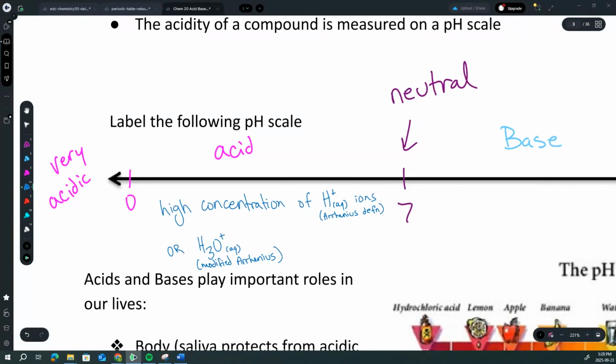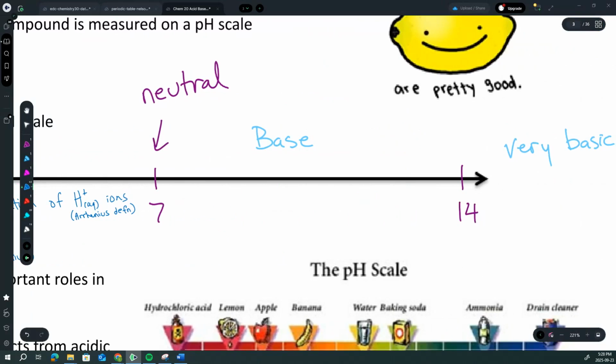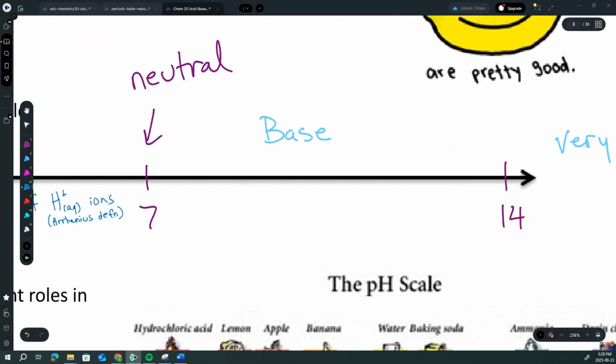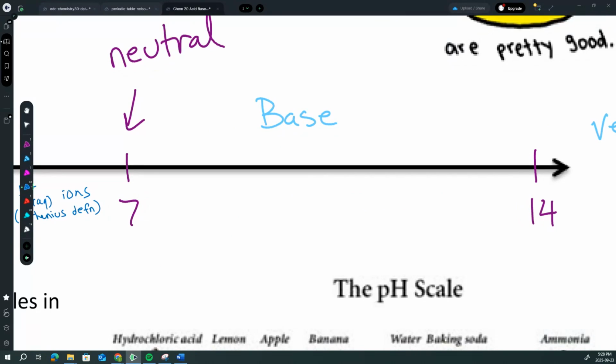So just so that you're aware, earlier on in our notes, we will focus on the original Arrhenius definition of acids and bases, but we will move on to the modified Arrhenius definition of acids and bases, just because it's a little bit more accurate. Moving over to the base side, bases typically have a low concentration of H plus ions or hydronium ions.